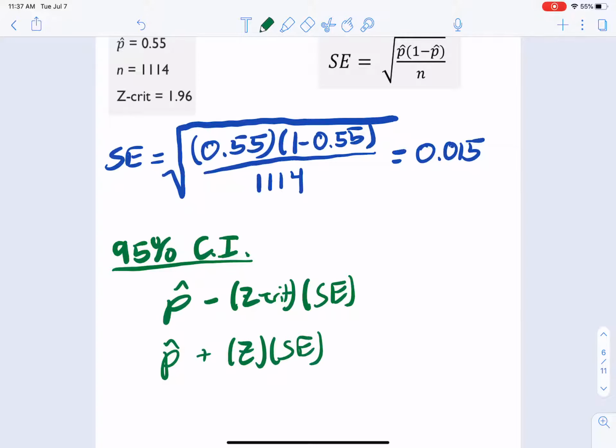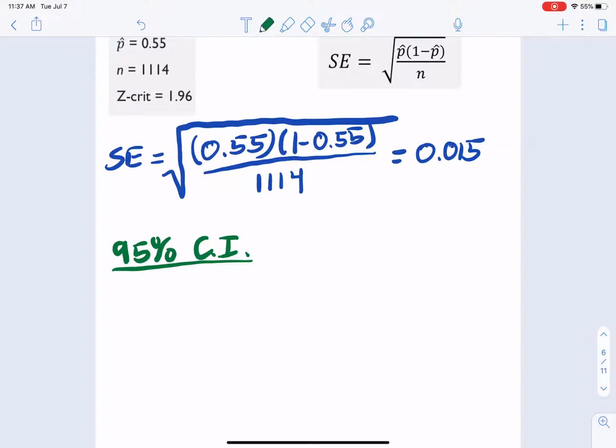Dope, right? No problemo. Let me get rid of all this. So then what we're going to do is, let's calculate the lower bound first. So that's going to be 0.55 minus, and let me just show you quickly with the parentheses.